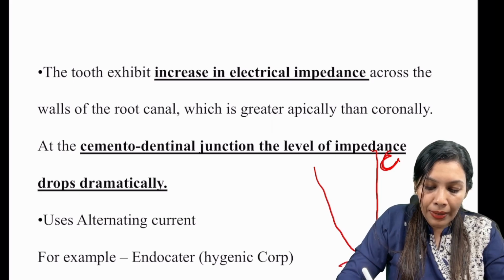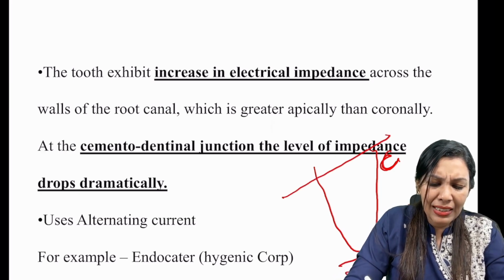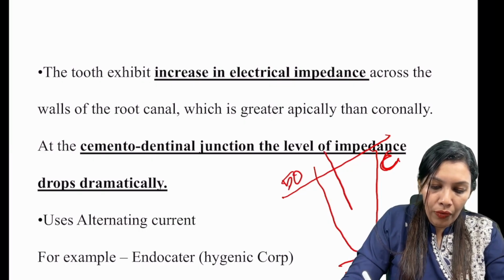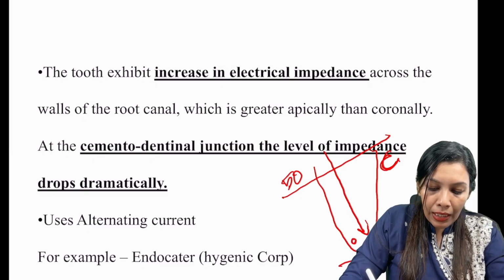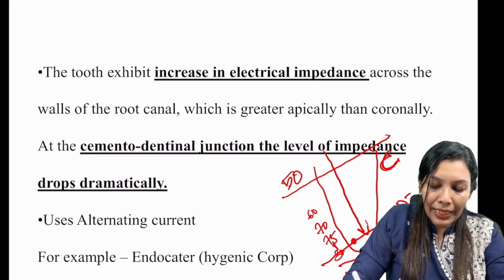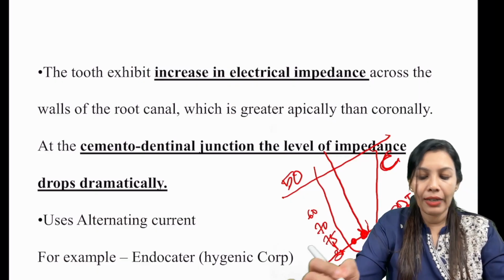Consider it as 100, and the coronal portion as, say, 50. As we move down, it keeps on increasing, and at a particular point there is a sudden drop. Think that it reaches 60, 70, 75.